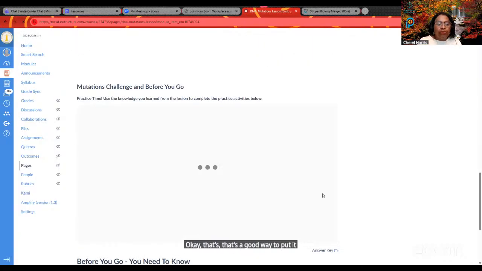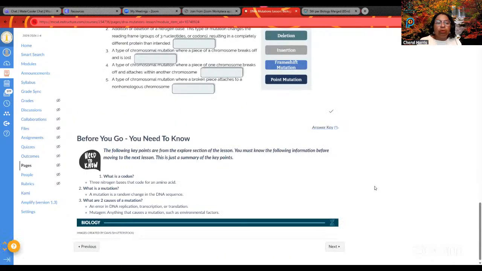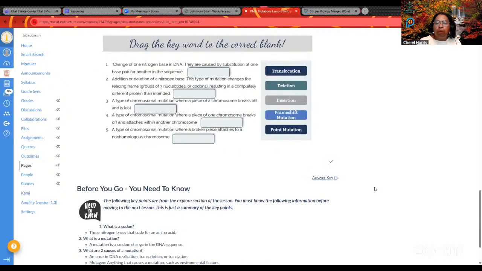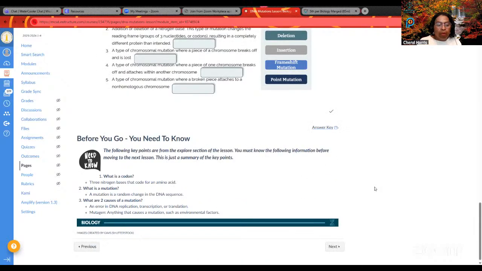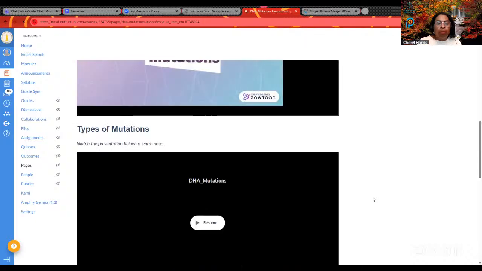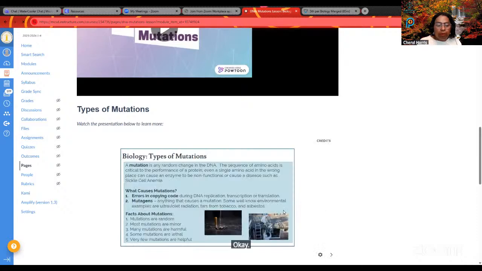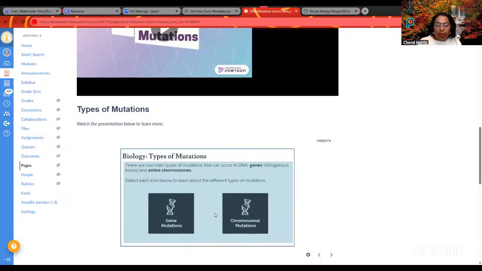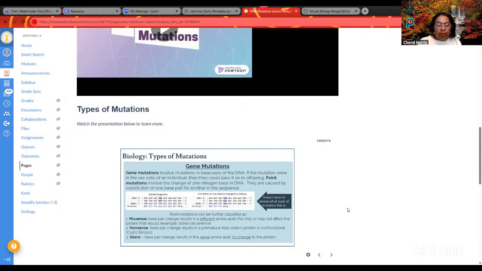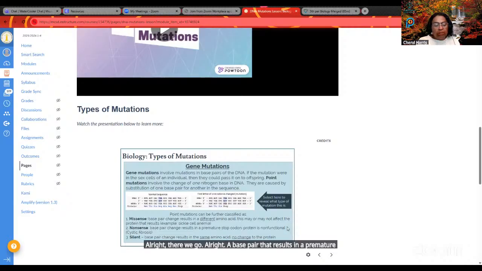It won't work if you stop. All right, there we go. All right, a base pair that results in a premature stop and the protein is non-functional.